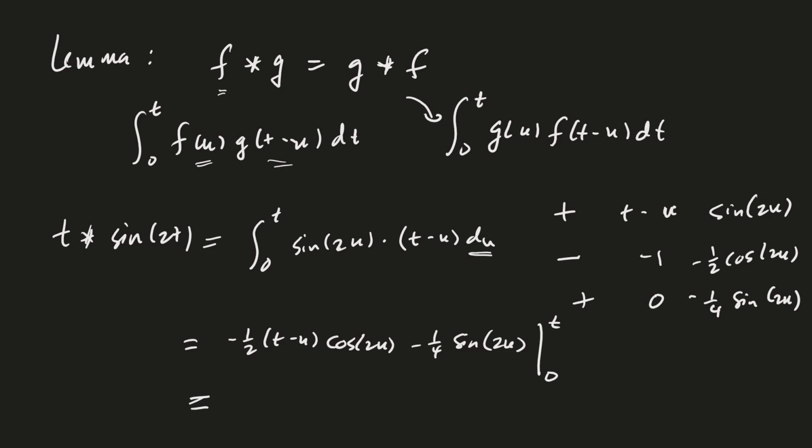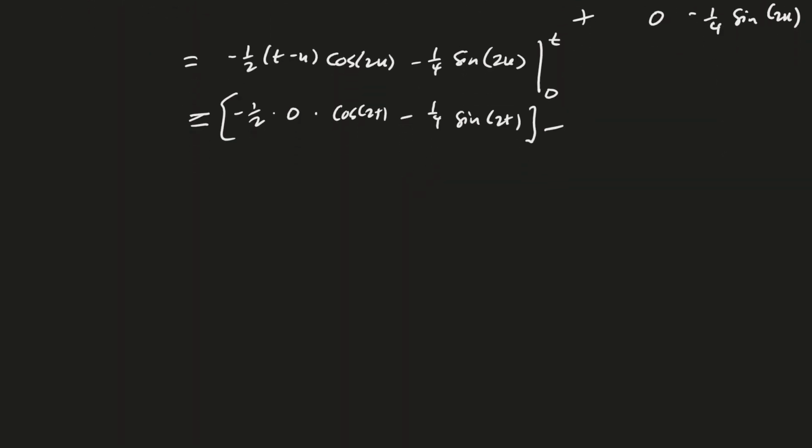So that's going to be minus 1/2 times 0 times cosine of 2t, right? Minus 1/4 sine of 2t. This whole thing minus, I'm running out of space and running out of time.